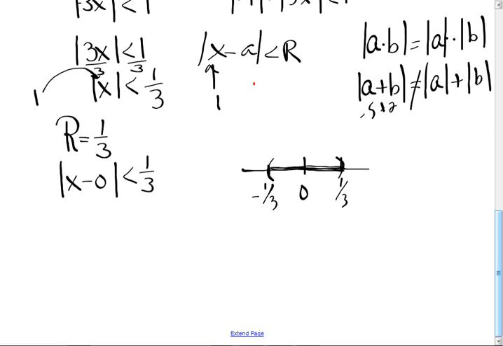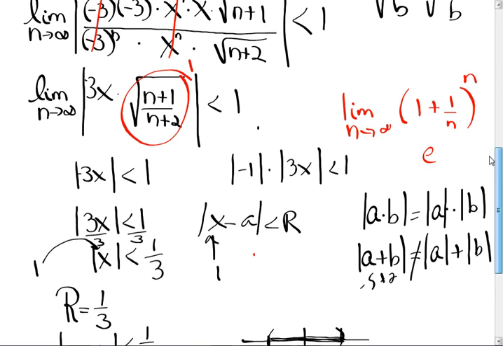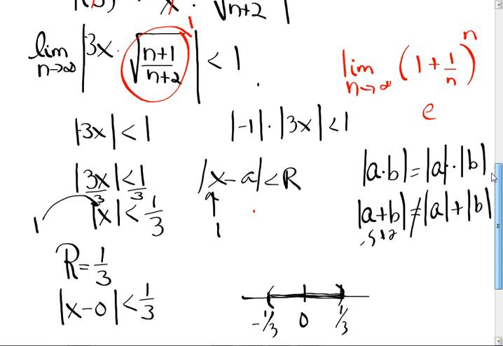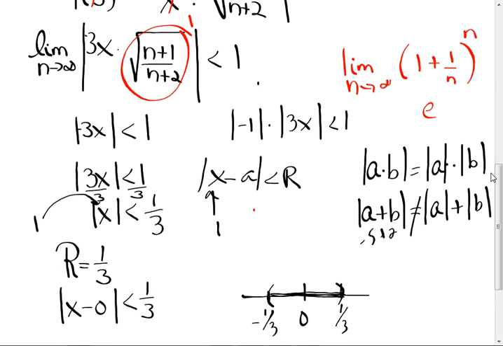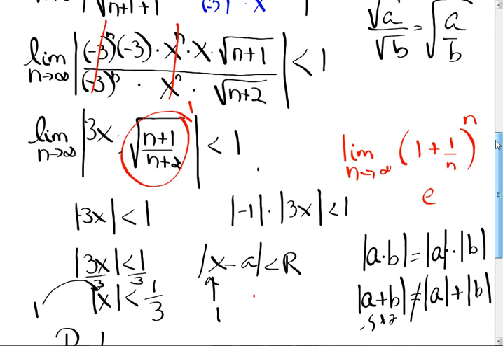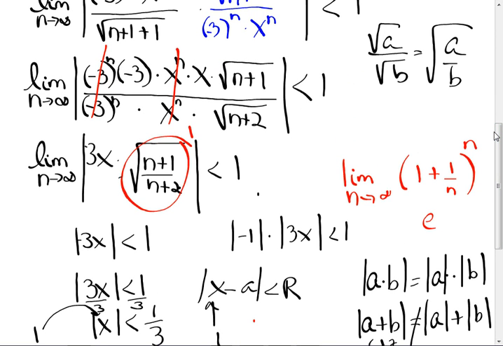It doesn't matter because it's an absolute value. So, yes, this is going to be this. This limit is 1. And n going to infinity has nothing to do with negative 3 or x. I know what you're saying. Okay. So, does that negative 3 get multiplied all across?